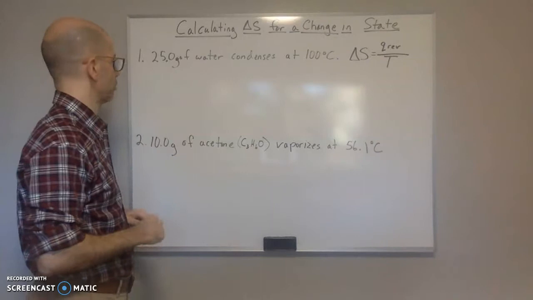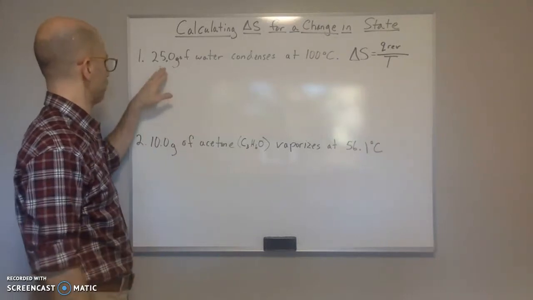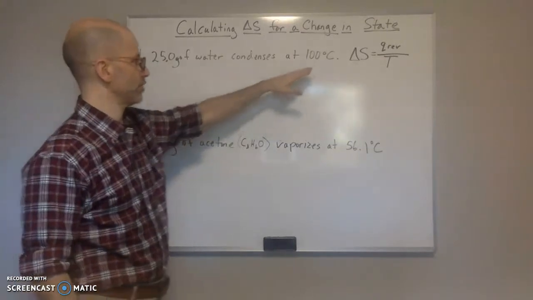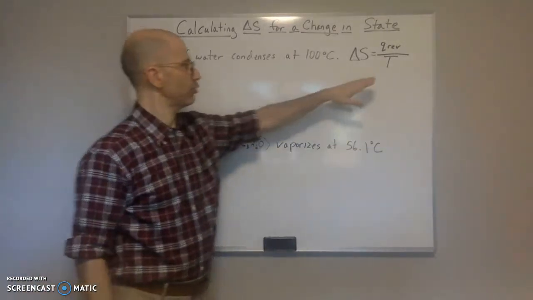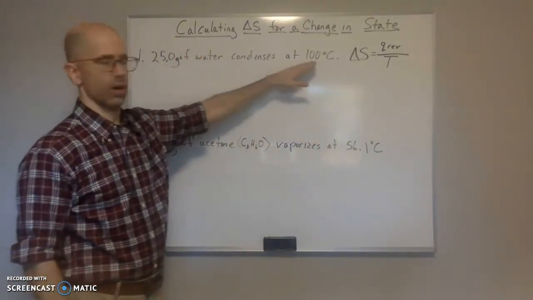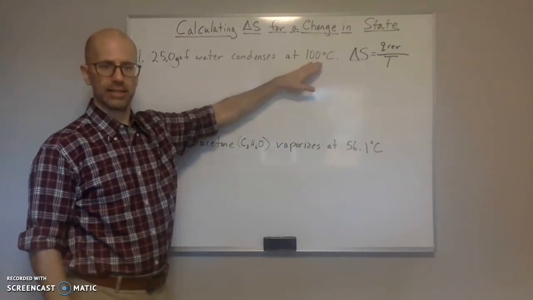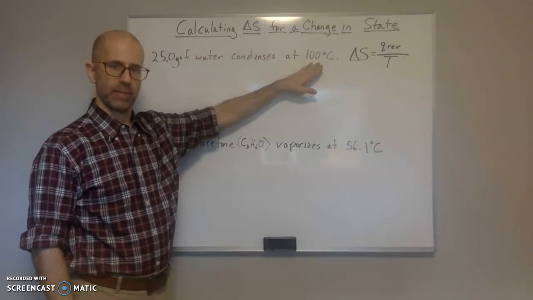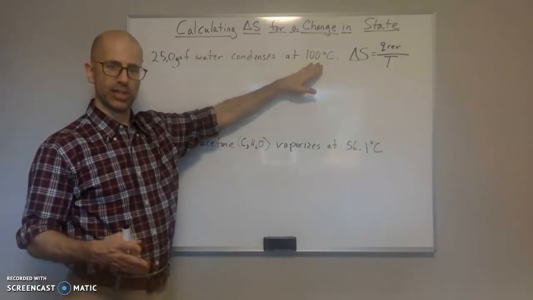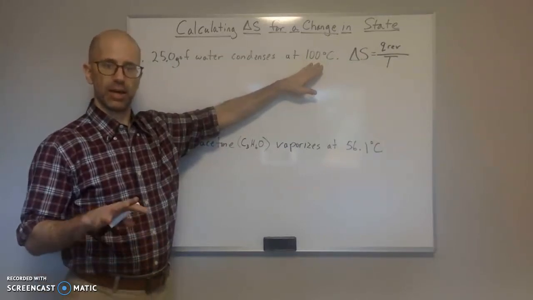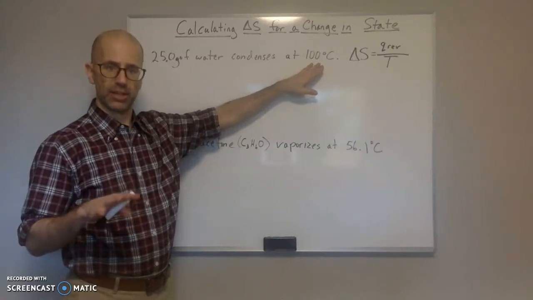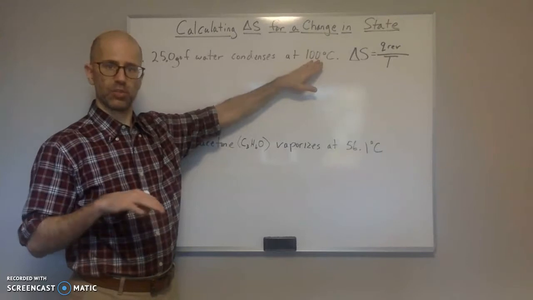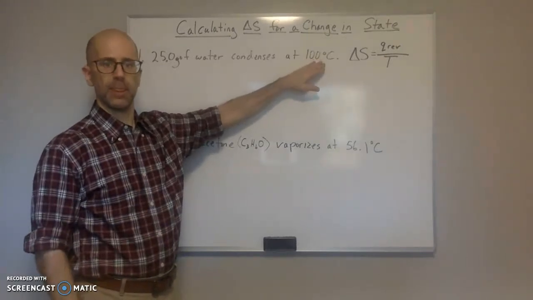A couple of examples. The first one is you have 25.0 grams of water and it's condensing at 100 degrees Celsius. We can use this equation because, one, we're at a constant temperature, and the temperature we're at is that of boiling. Both condensation and vaporization are happening at this particular moment. So this is where the reversible process occurs.